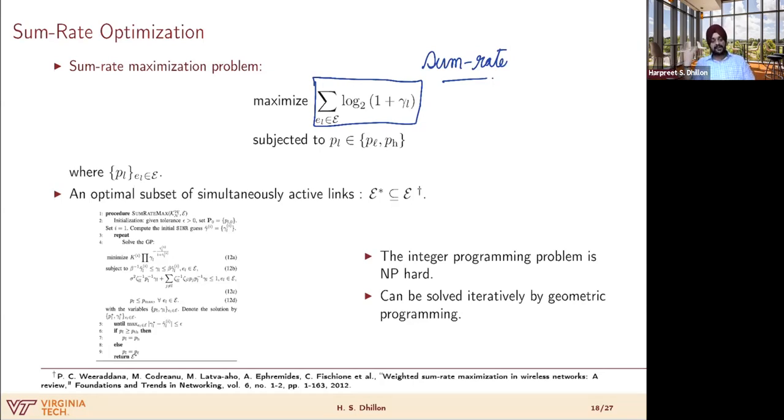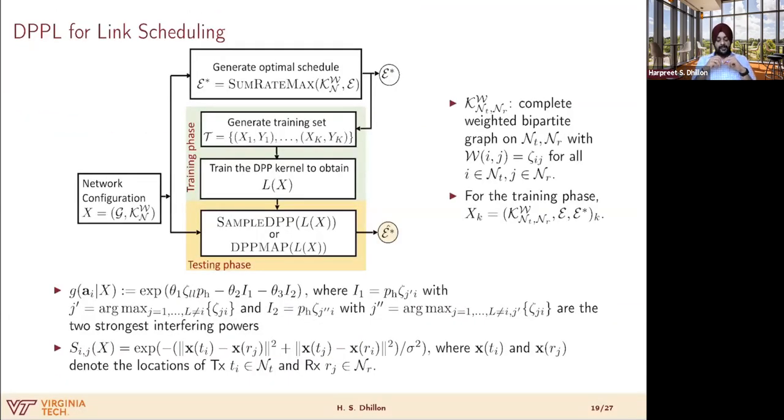Then the question is, can machine learning help? So we came up with this DPP, and we applied this to the link scheduling problem in the following way. So we have a given network configuration. Think of this as New York. This is what we are conditioning on. Then for this network configuration, we are generating an optimal schedule using a heuristic, using this optimization algorithm that I just showed before.